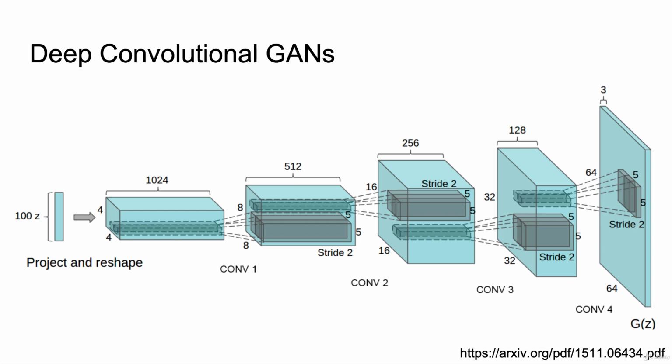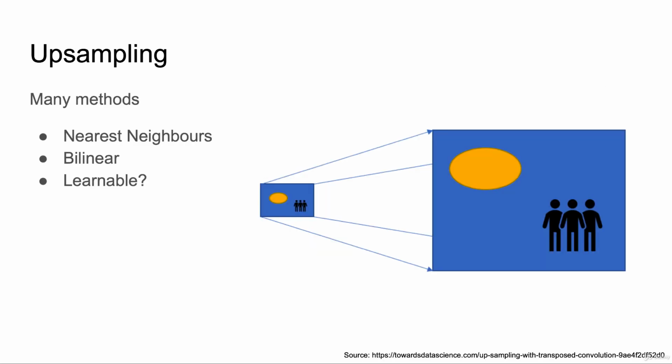We know that when we use standard convolutional layers we decrease the spatial size of the image. But how can we increase it and use it inside the generator network? What we in fact want is upsampling, and there are some methods that perform upsampling, such as nearest neighbors, bilinear upsampling, linear upsampling, and some others.